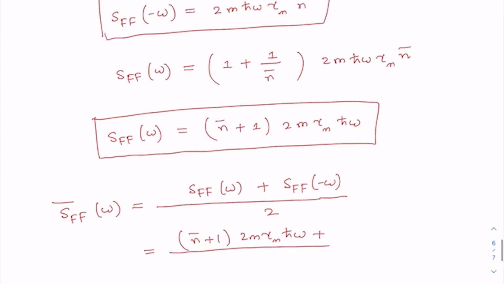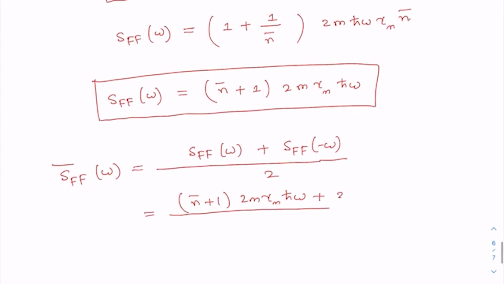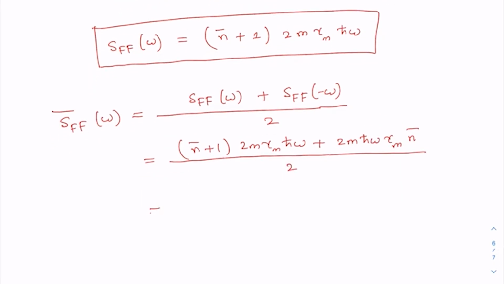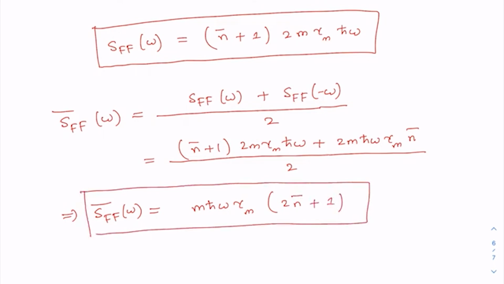The other one is 2 m h cross omega gamma_m n bar, divided by 2, and from here I get S_FF bar at omega equal to m h cross omega gamma_m times 2 n bar plus 1. So this is the required expression.